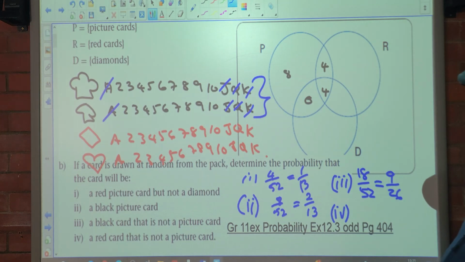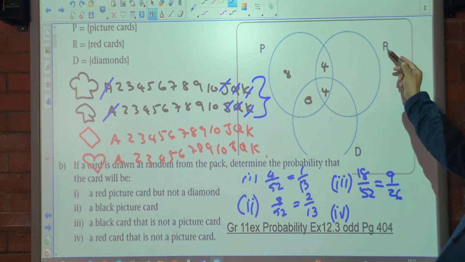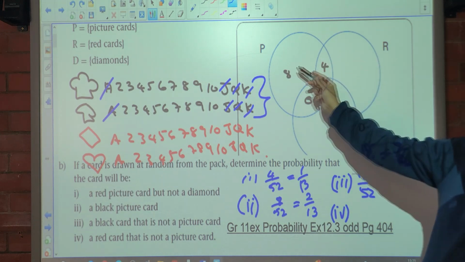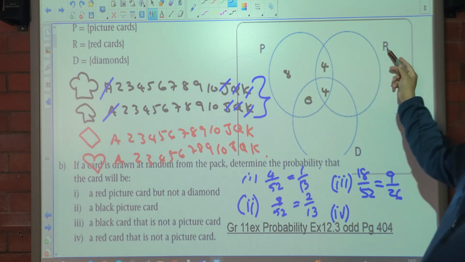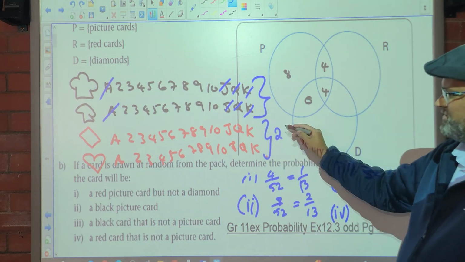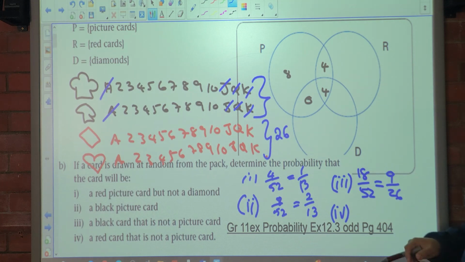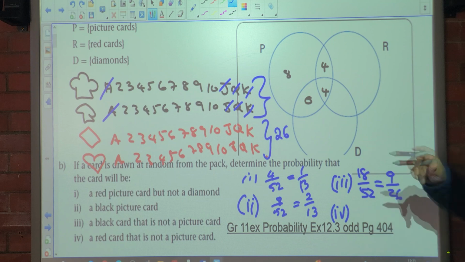A red card that is not a picture card. So how many red cards are there? There are 26 red cards. Not so? It's a red card that is not a picture card. 18.